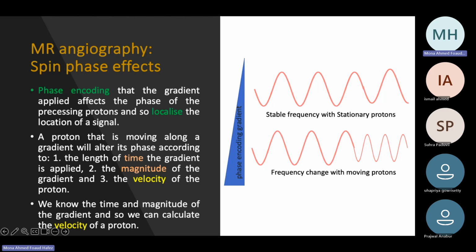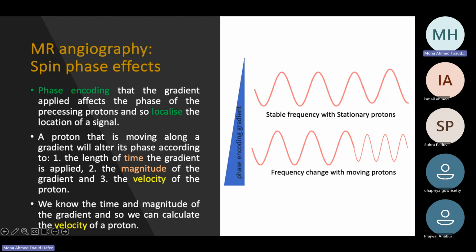A proton moving along the gradient will alter its phase according to the length of time the gradient is applied, the magnitude of the gradient, and the velocity. So this gradient is applied with a specific time and a specific magnitude, so the velocity of the protons can be calculated.